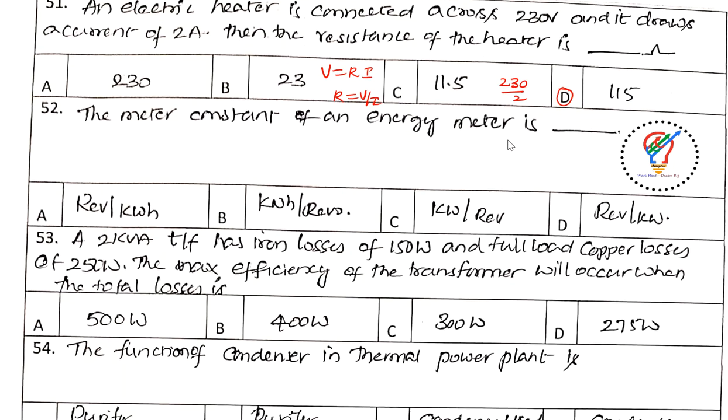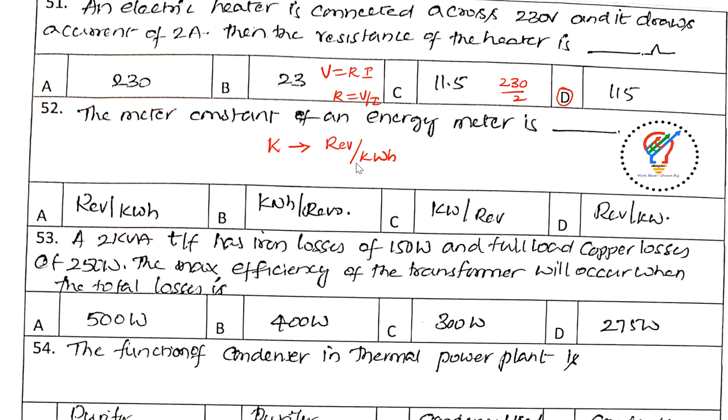The meter constant of an energy meter is... If you have seen my previous video, in that video I discussed one problem on the measurements subject, and the topic is to find the energy meter constant K. In that video I gave a clear explanation of why we take revolutions per kilowatt hour. So the unit for the energy meter constant is revolutions per kilowatt hour.